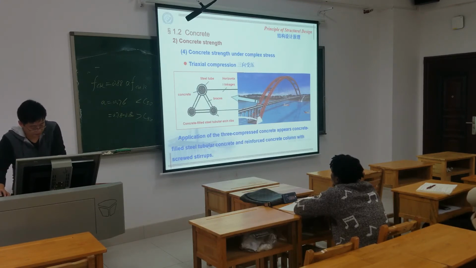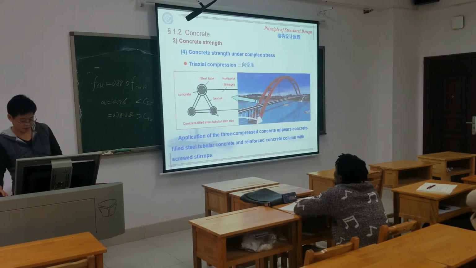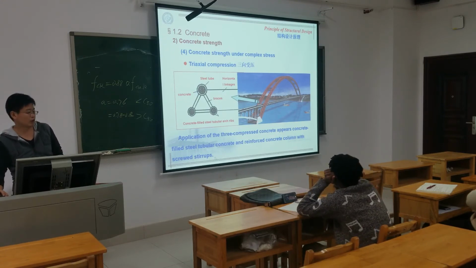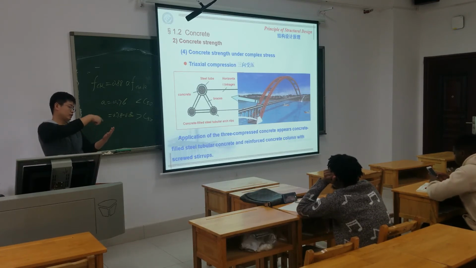Because sometimes not only the tube, maybe they put some screw stirrups inside to increase the strength. This screw stirrup inside makes it very hard for the concrete to fill everywhere.